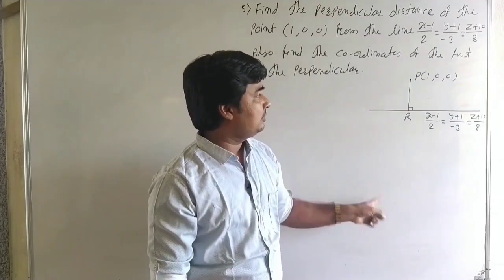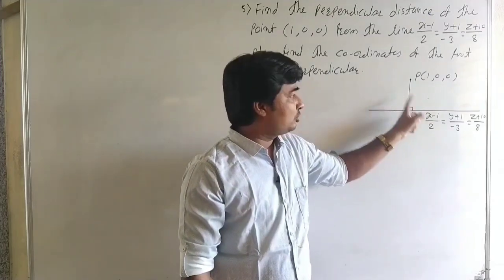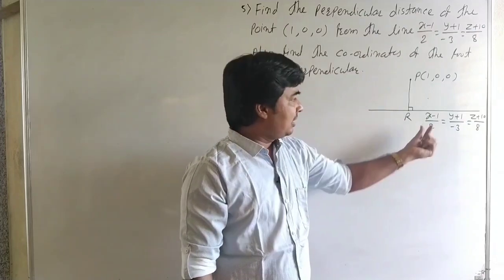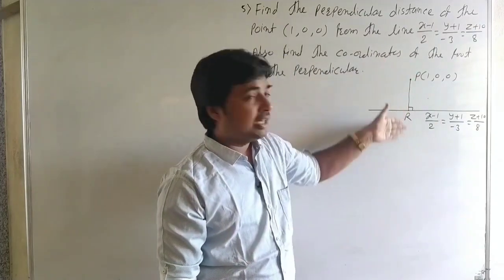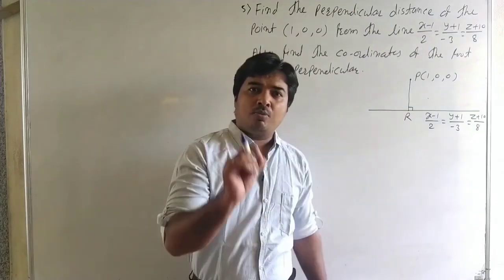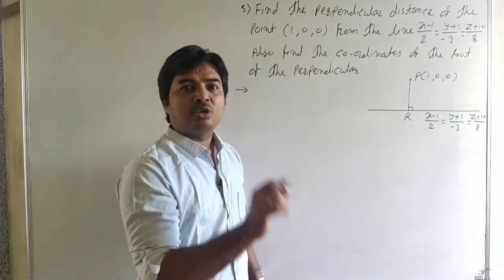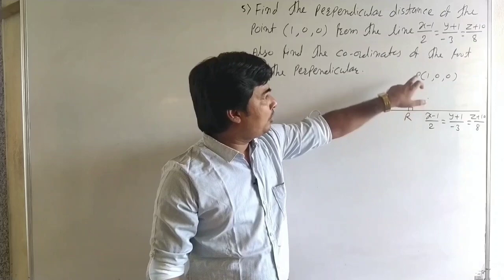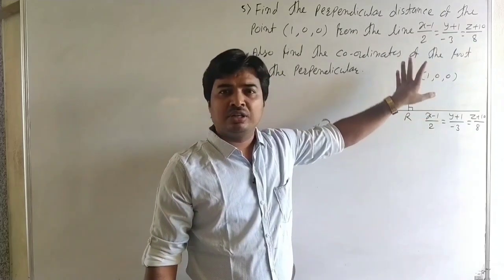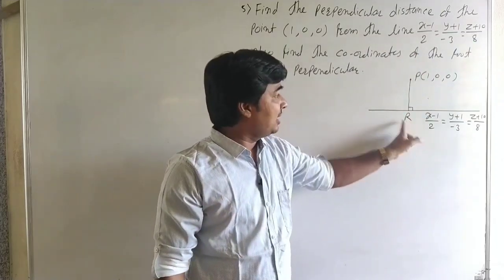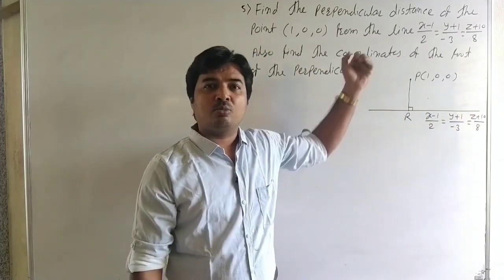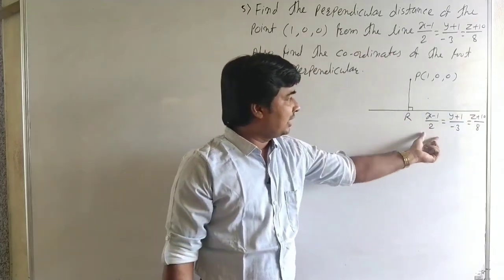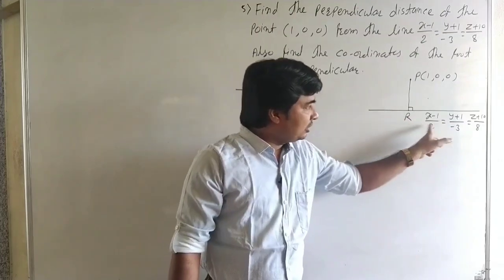Here we use the relation between direction ratios of two perpendicular lines. The direction ratios of the given line are given, and we just want to find the direction ratios of PR. For this we first need the coordinates of the point R, because the coordinates of P are already given. R is a foot of perpendicular drawn from point P to this line, that means R is a point on this line.